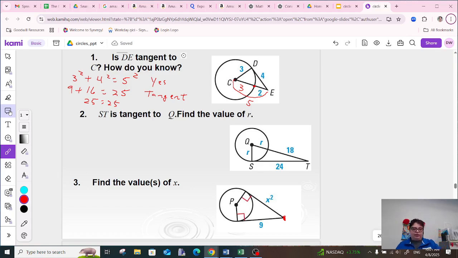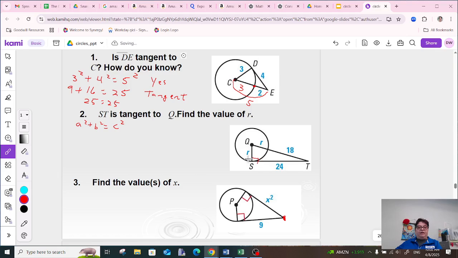Okay. So, because we had a little one who needed to go to the restroom, I'm going to do this one. So, if it's saying it's tangent, that means this is a right angle, which means you can use the Pythagorean theorem. A squared plus B squared is equal to C squared.